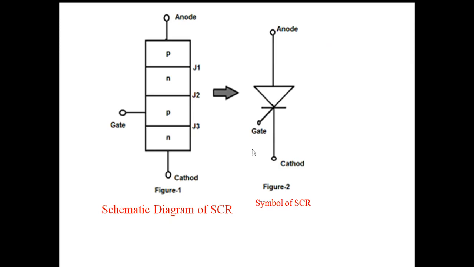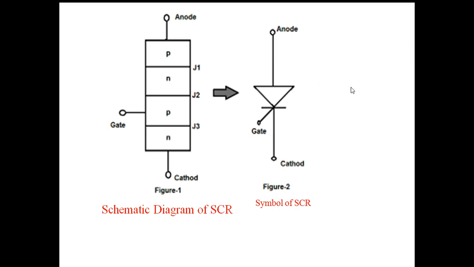This is the symbolic representation of SCR, very important. It is like a normal diode with anode and cathode, but an extra terminal, the gate, is present. As we have this gate terminal, we have proper control over the conduction of the device.